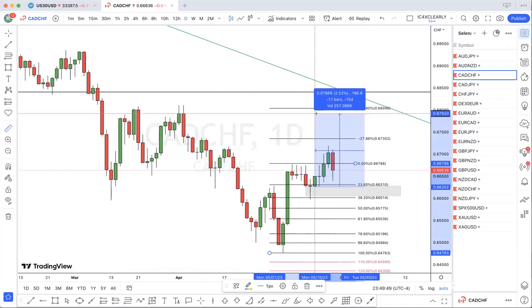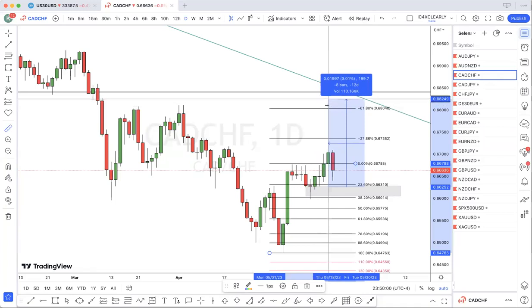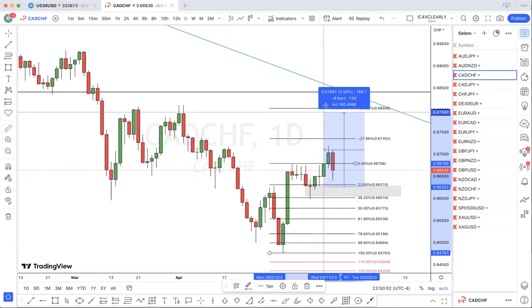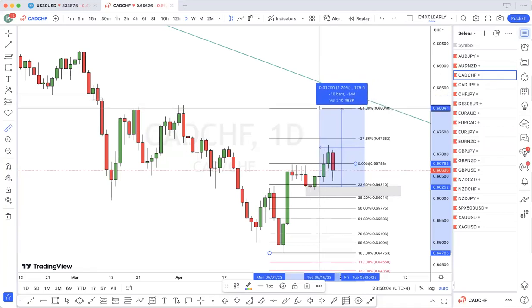To the top of the order block is 166 pips. To the 618 is 177 pips, and that is because that is back up to the trend line. My guess is that price will push to the negative 618.